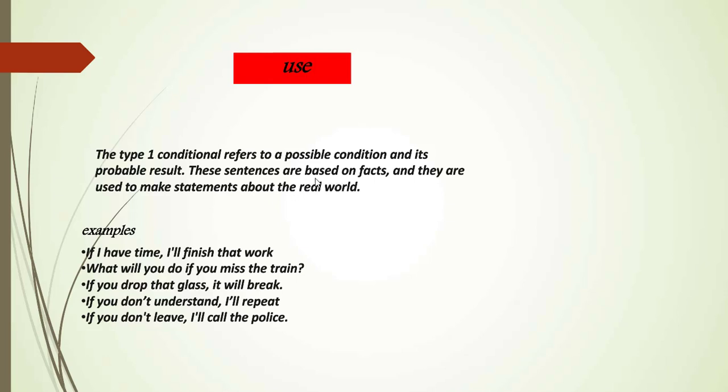I will repeat again: the type 1 conditional refers to a possible condition and its probable result. These sentences are based on facts and are used to make statements about the real world.